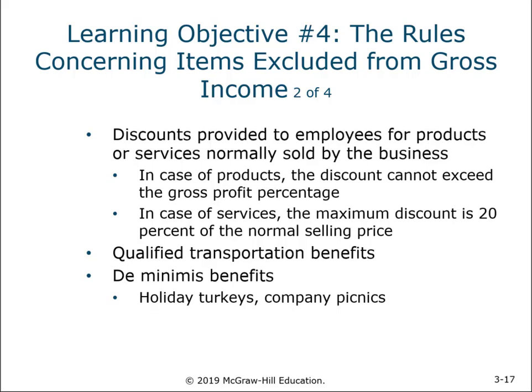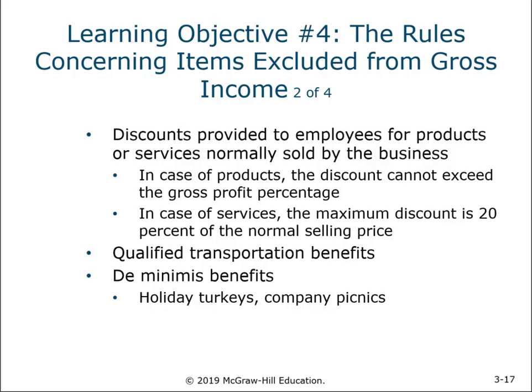Discounts on products, but they have some limits. It can't be more than the gross profit percentage. You can't give them a price lower than your cost, basically, as the employer. And the maximum discount for services is 20% of the normal selling price. So you can offer discounts. I know a lot of clothing stores and such, that's a big perk for the employees.